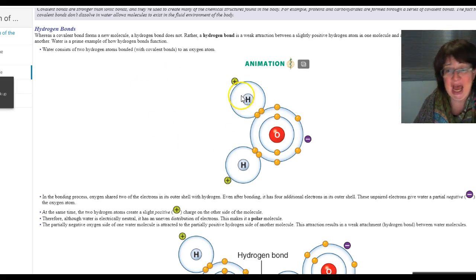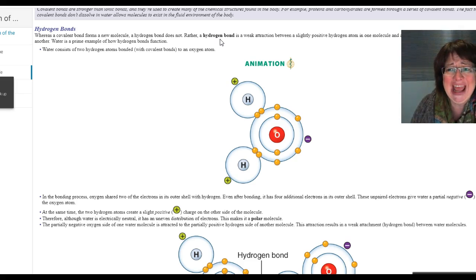Okay. Because of the way the electrons are held, you can have, as I said, an uneven sharing of electrons, and that will result in what's called a hydrogen bond. Now realize that covalent bonds and ionic bonds are sharing inside the molecule, so they're intramolecular bonds.